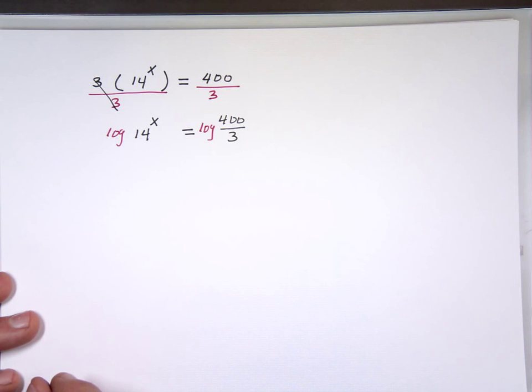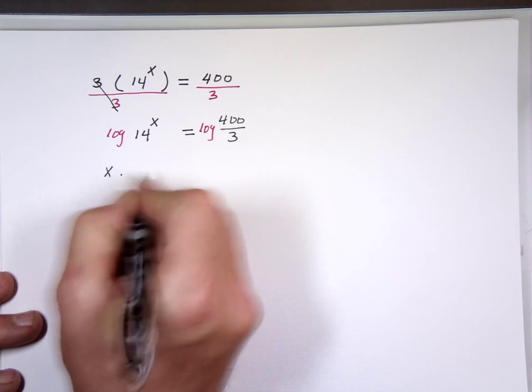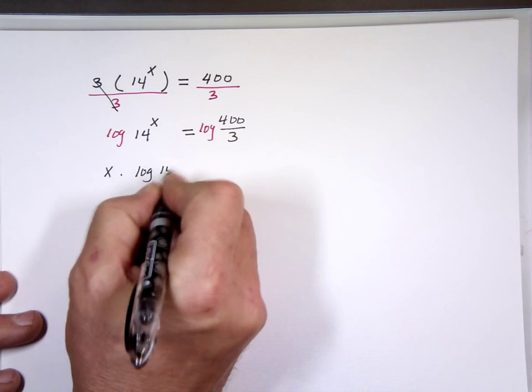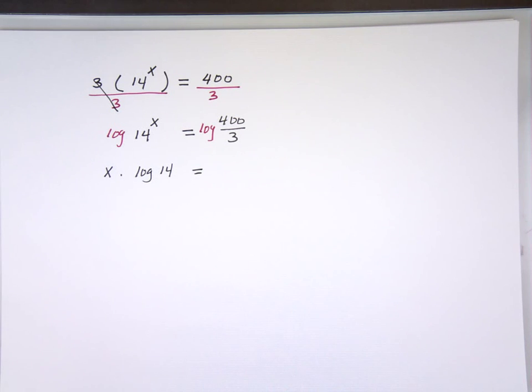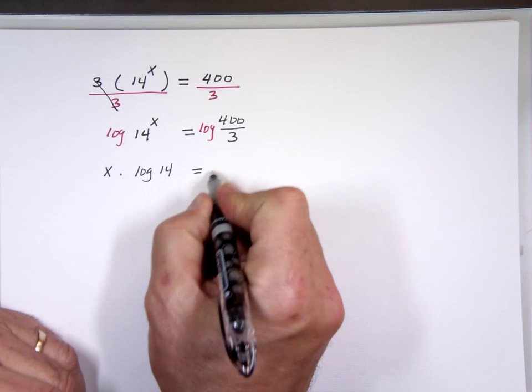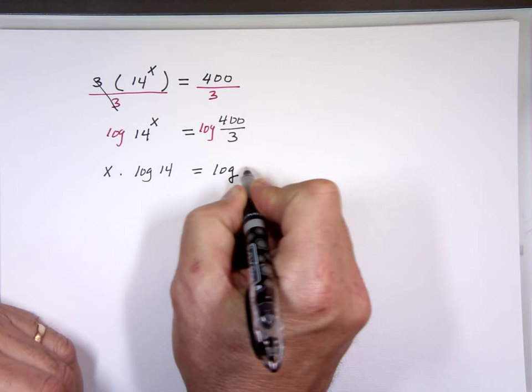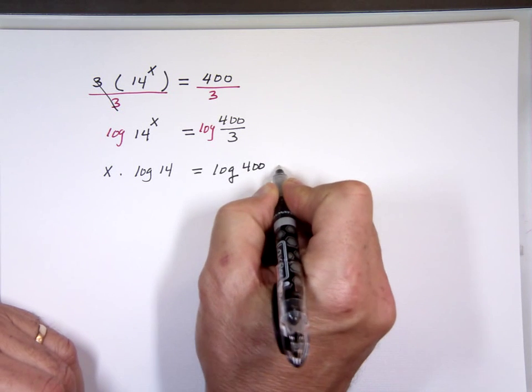Move x to the front. I think rule number 4, is it 4 or 5 when you have division? 5. It says you can break it down to what? Log the 400 minus what? Log 3.